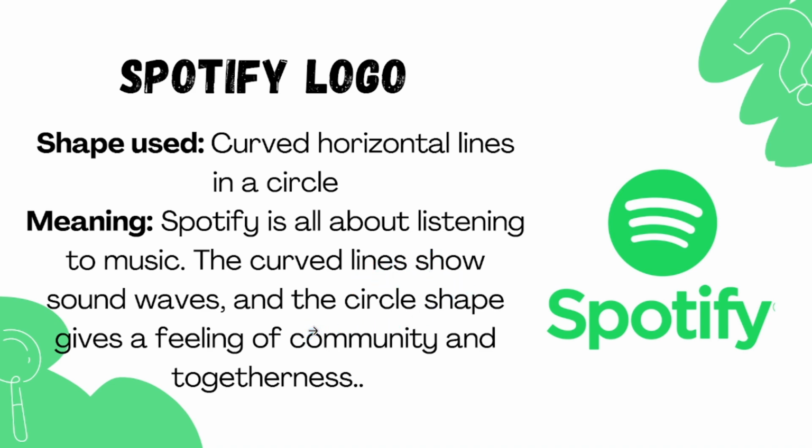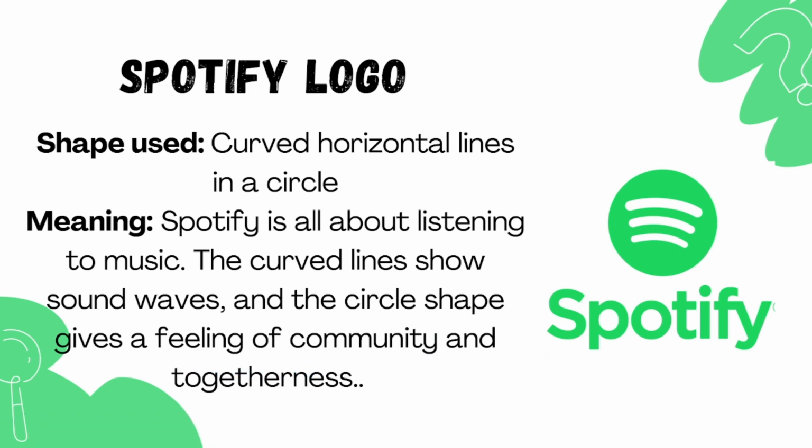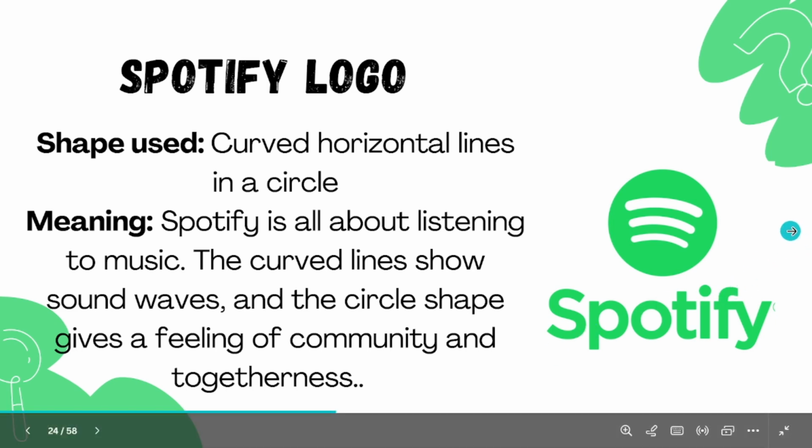You know, a sound wave is not usually straight, it's usually curved like this. So they use the horizontal curved lines to show sound waves. And the circle shape gives a feeling of community and togetherness. Like we discussed, the circle shape gives us a feeling of togetherness and connectivity. So that's what they incorporated in their logo.